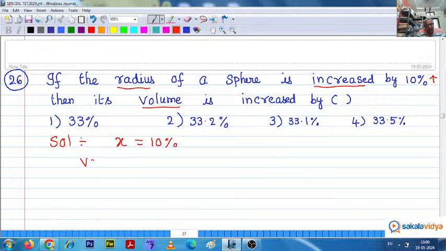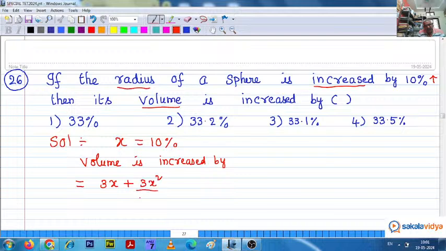Now volume is increased by, so here we have the shortcut, that is actually you need to write 3x plus 3x square by 100 plus x cube by 100 square.